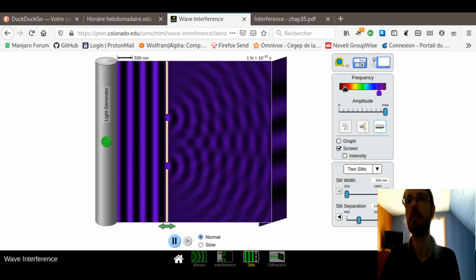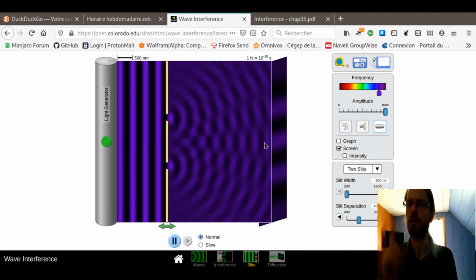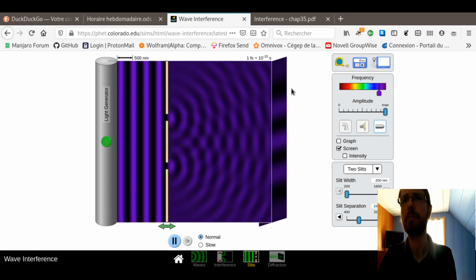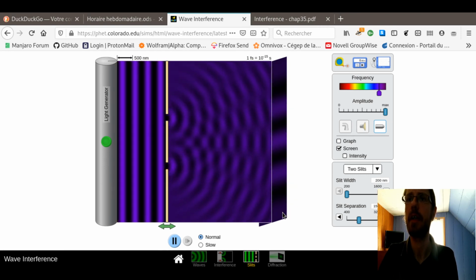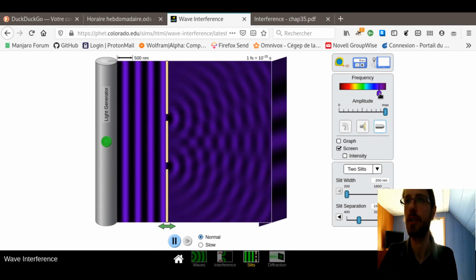So here I'm sending violet light towards the screen with some distance. First, I'll vary the wavelength. So here I have one bright fringe, another, and another here. If I change the wavelength, keep your eyes on the position at which we had bright fringes.